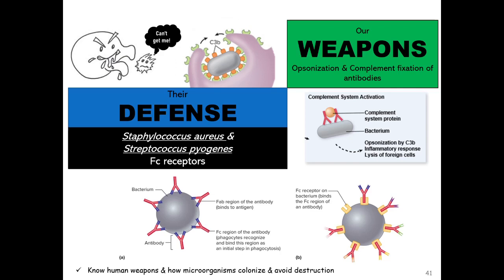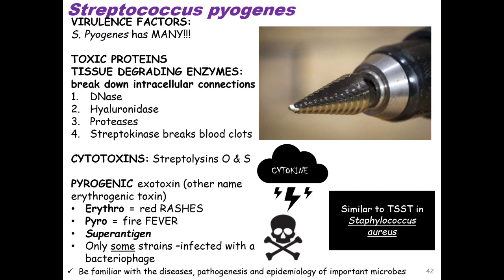That's the part that's the flag that tells the immune system to destroy it. So like I said, they're very good at avoiding destruction by the immune system. Other things it has are the same as Staph aureus: DNases, high hyaluronidase that breaks down our ground substance, and proteases that break down our proteins.